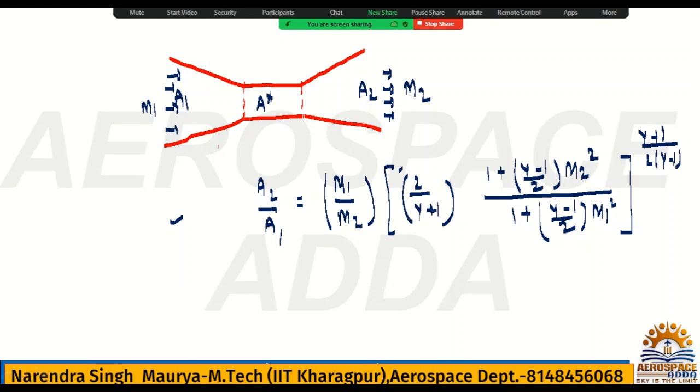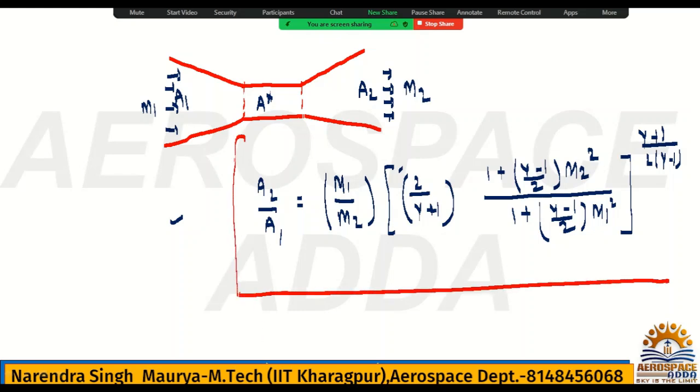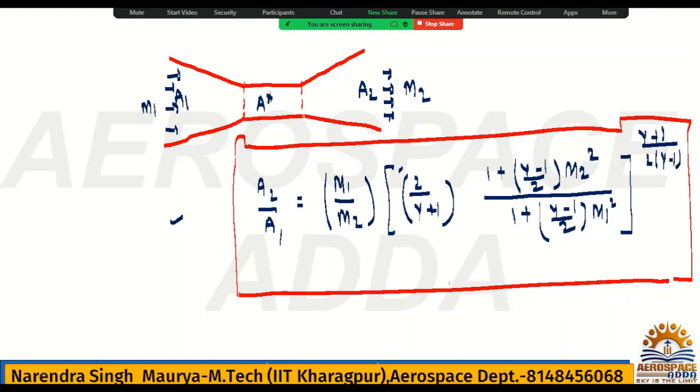This will be very useful sometimes. They will give you the areas A1, A2, and one Mach number. If you want to calculate the other Mach number, then you can use this formula. Okay, important. This should be very clear, no?